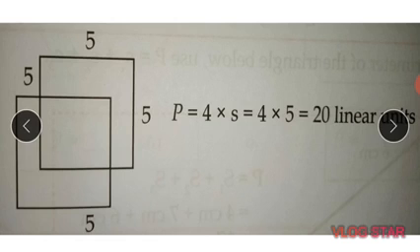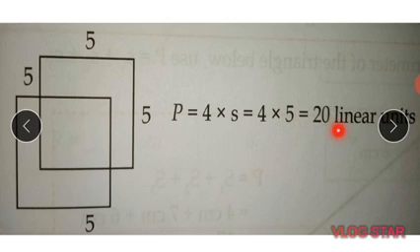For example, this one, the measure of each side is 5 units. So 5 units here, 5 units, 5 units, and 5 units. Since it has 4 sides with the same length, you can write 4 times s, 4 times the length of one side, which is 5.